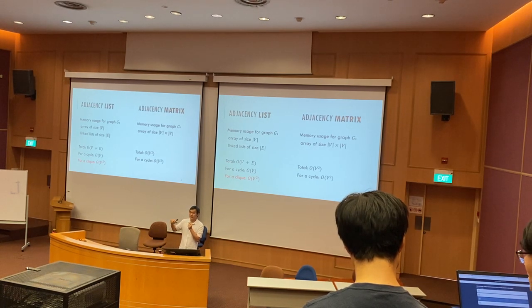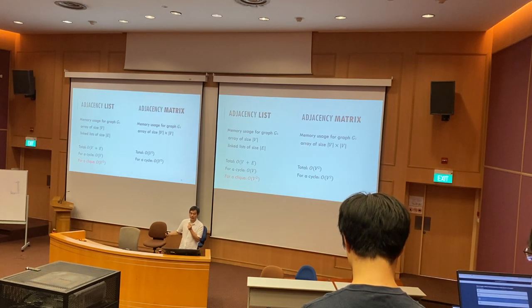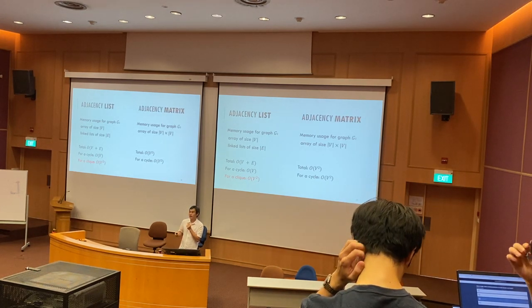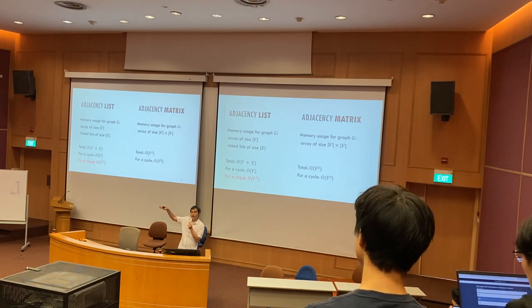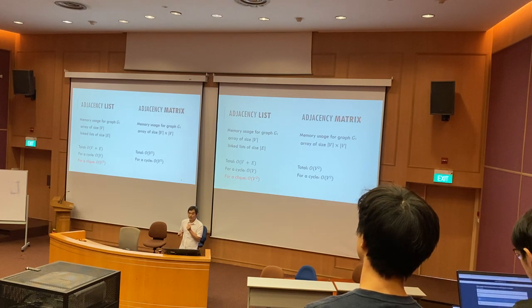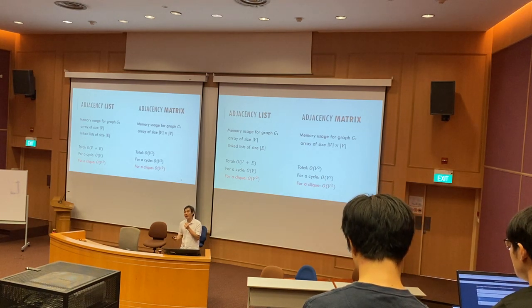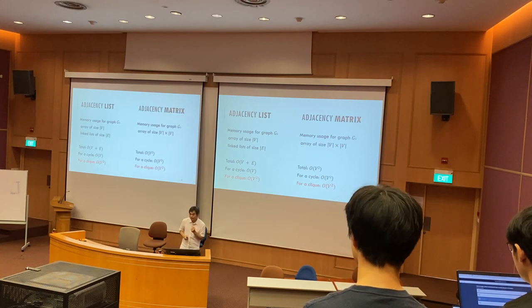So that means you have on the order of V squared edges, which means you have to represent V squared edges in your adjacency list. For the adjacency matrix, it's always just V squared. So at least asymptotically they are the same.